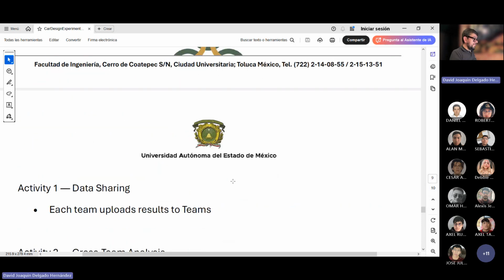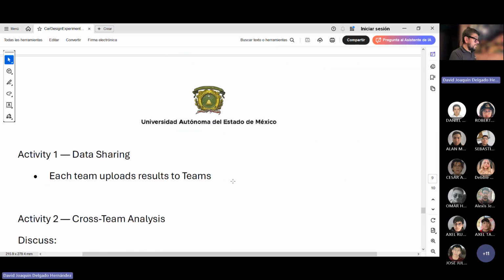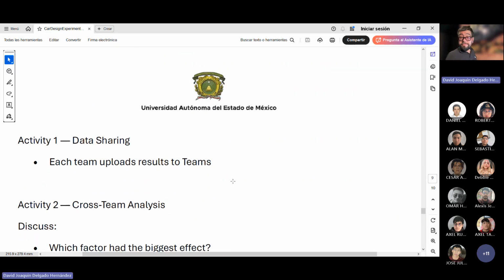Well, for the part 5, which is the results integration, you have to put all the results. Remember, you have to also develop. You are going to take photographs of the process, and you are going to record this in a Word file, and then you can put it in PDF file, okay?